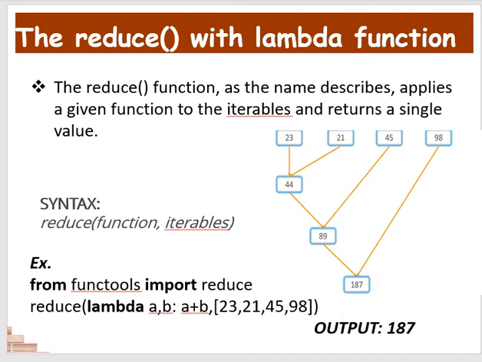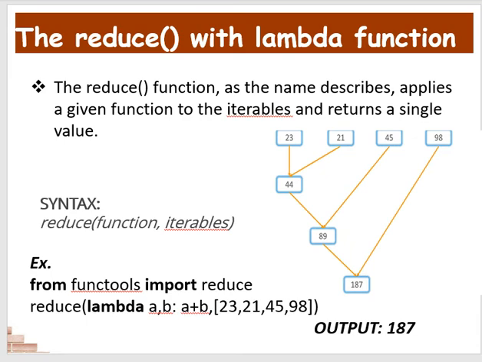So in a similar way we can use the reduce function as well. The reduce function, as the name describes, applies a given function to the iterables and returns a single value. So in this simple example, you need to import the reduce function from functools, and this function is applied one by one from the beginning to the end.